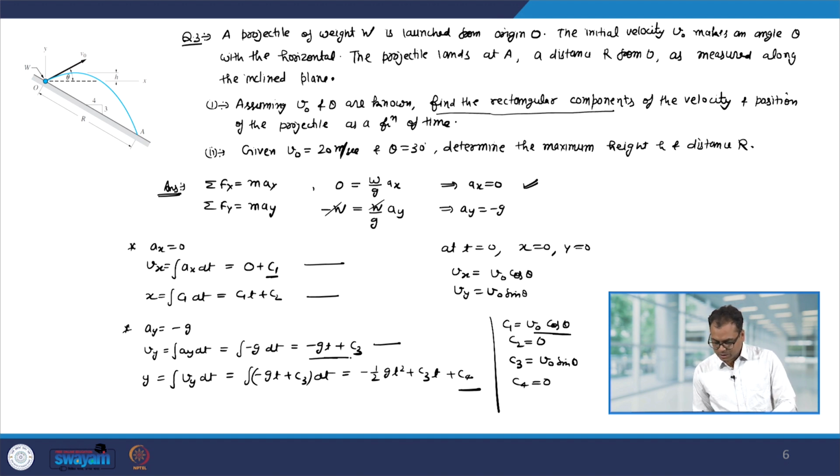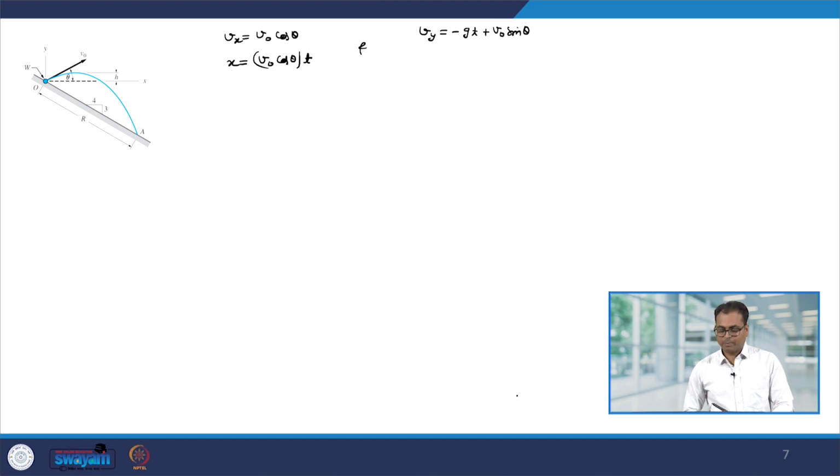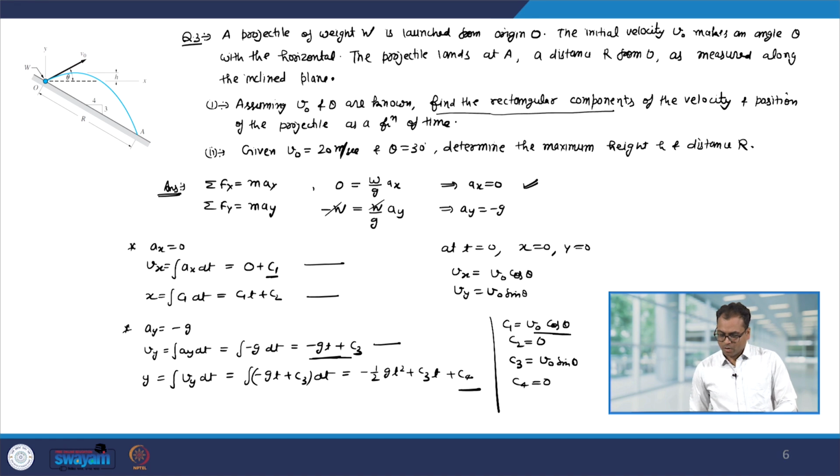Vy was minus gt plus C3 and C3 was V naught sin theta. So, that becomes minus gt plus V naught sin theta, and y is minus half gt square plus V naught sin theta into t. This is the expression for the velocity and position of the projectile as a function of time.